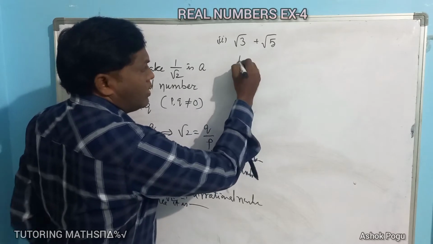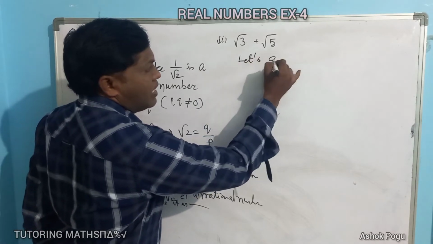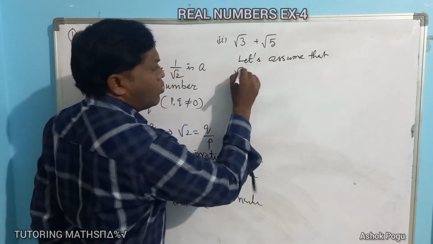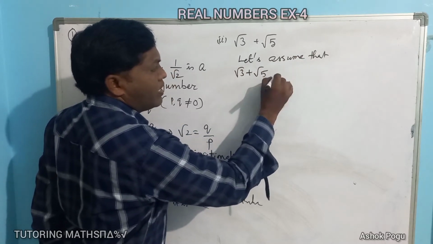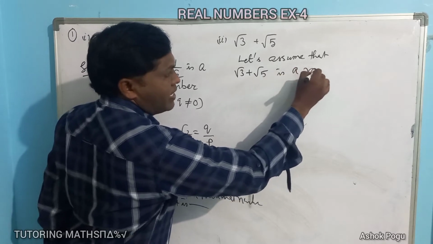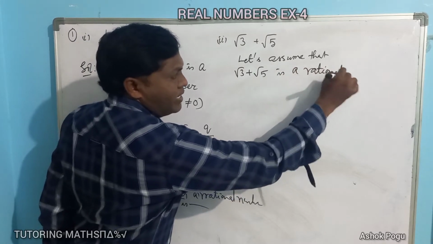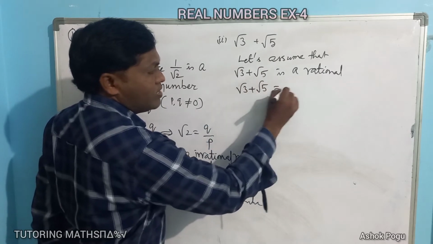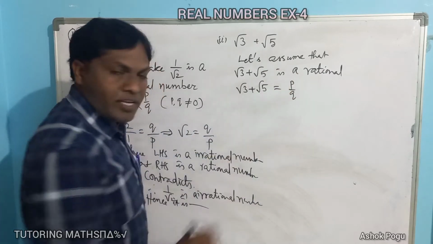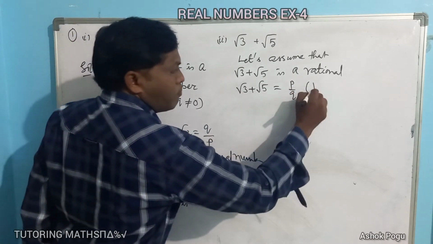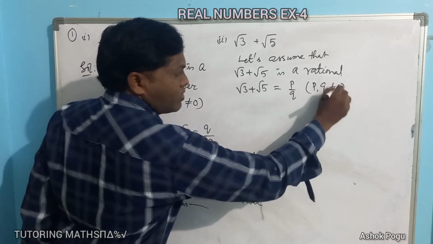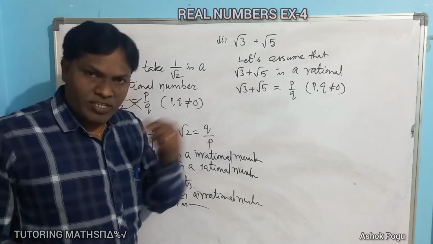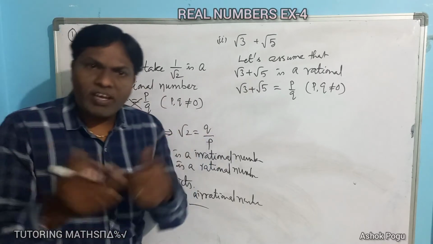So let us assume that root 3 plus root 5 is a rational number. Then what do you get? Root 3 plus root 5 is equal to p by q, where p and q are not equal to 0. Now we have two irrational numbers. You know that root 3 and root 5 are irrational numbers.